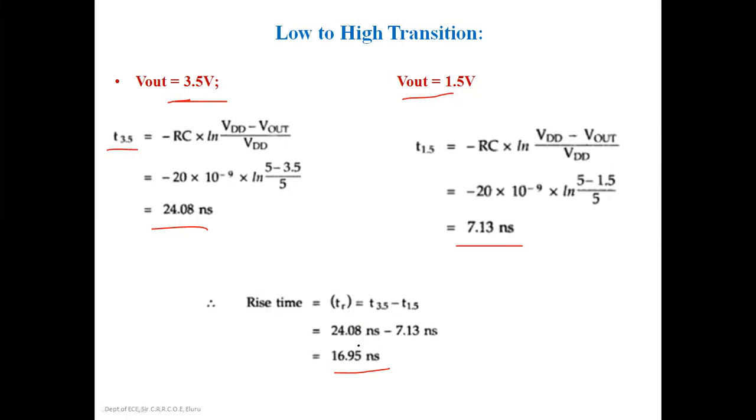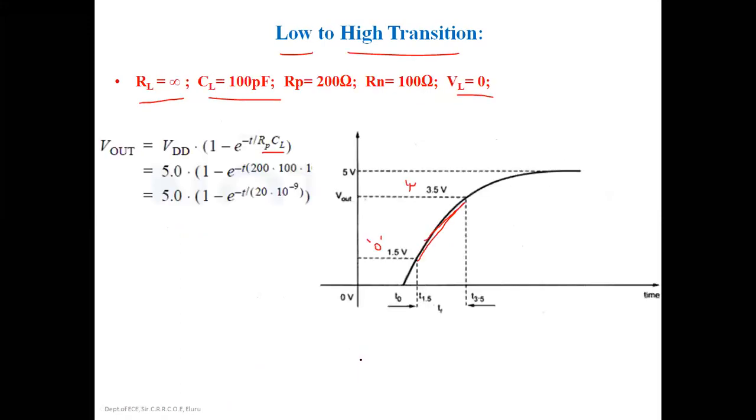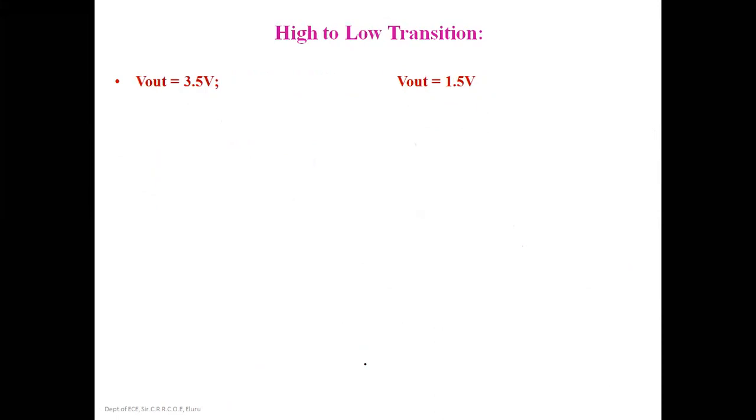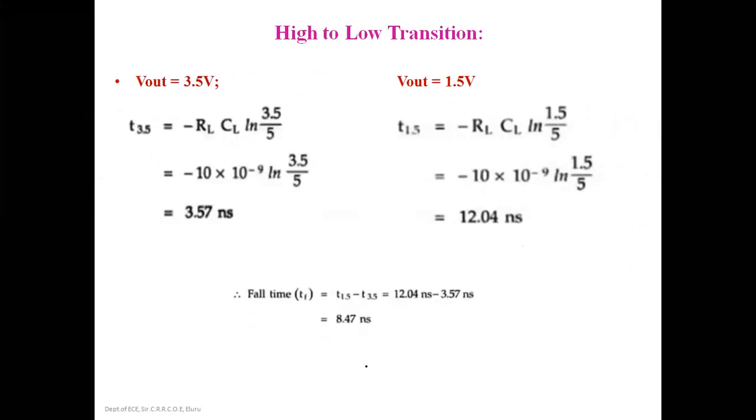So what are the rise time and fall time for this given circuit? The rise time is 16.95 nanoseconds, and the fall time is 8.47 nanoseconds.